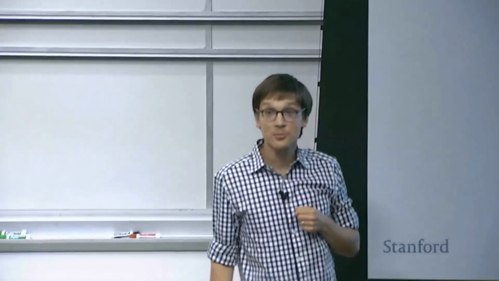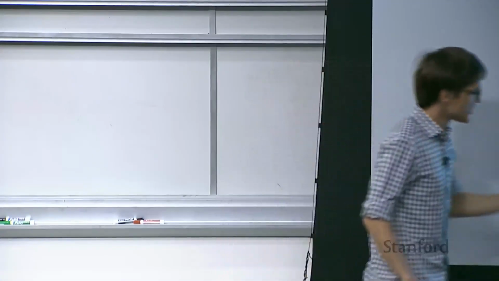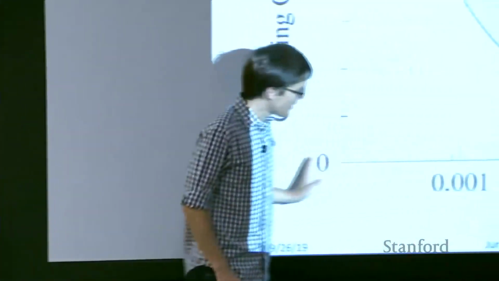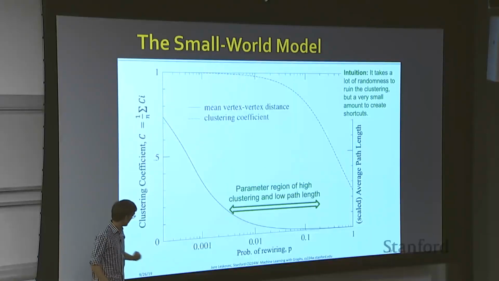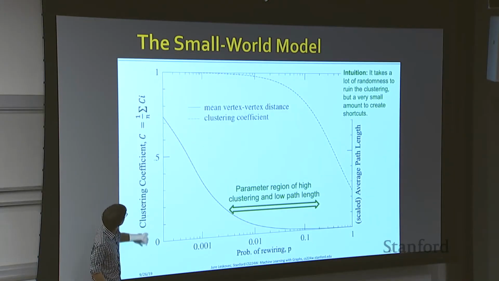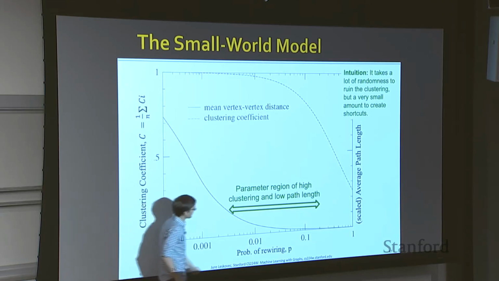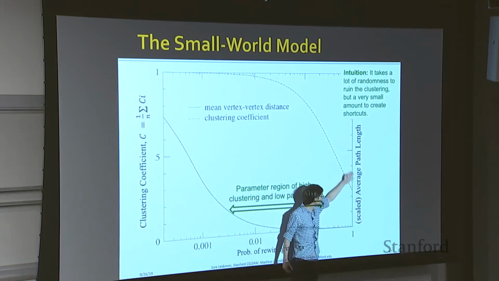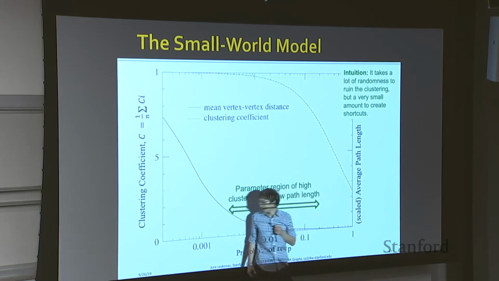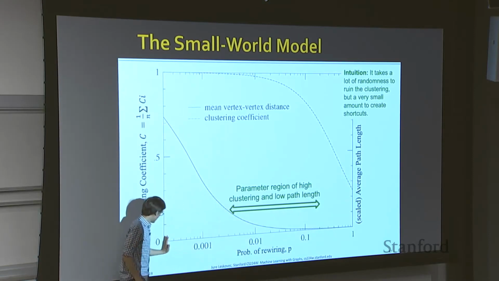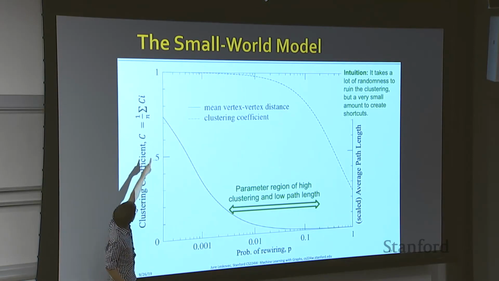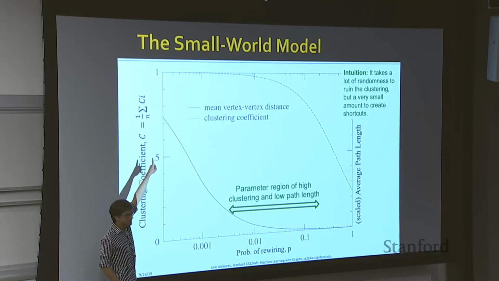And I can now show you the results of this computational experiment. On the x-axis here, we have the probability of rewiring. The y-axis here is average clustering coefficient, and on this side is average shortest path length. When p equals 0, we have high clustering and high diameter.